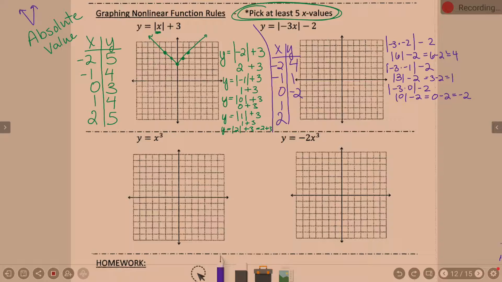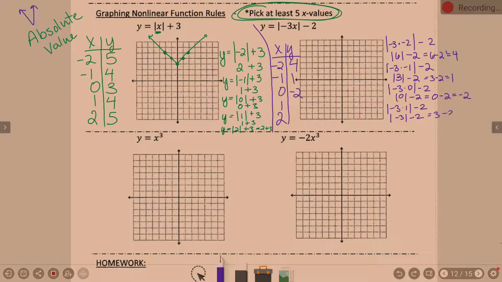Okay. Put in 1. So absolute value, -3 times 1 minus 2. Officially, -3 times 1 is -3. What's the absolute value of -3, though? 3.